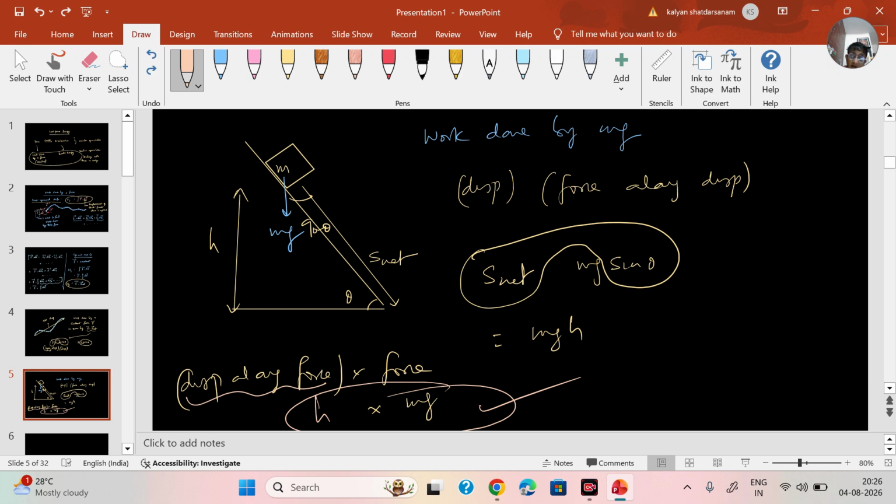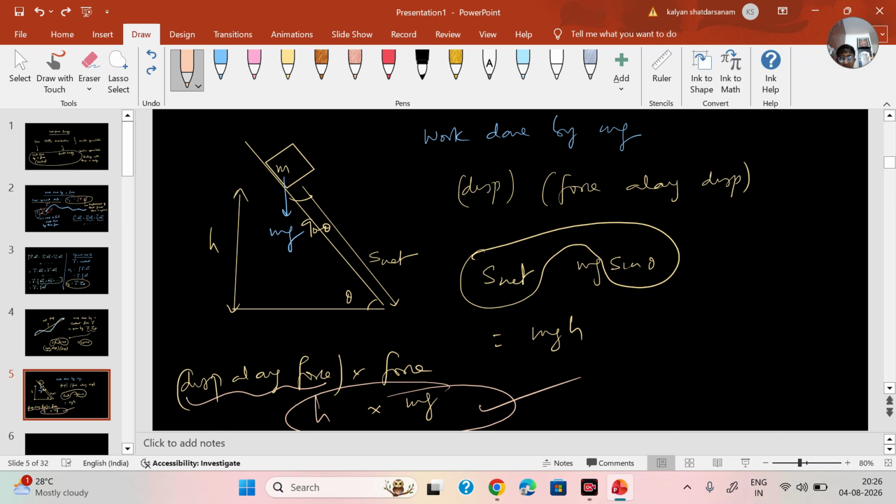Or you can do the other way. Displacement along force. That is already h. Displacement in the direction of mg. That is h. Multiply by mg. That is mgh. So force along displacement multiplied by displacement, or displacement along force multiplied by force. Either way, you get same answer.